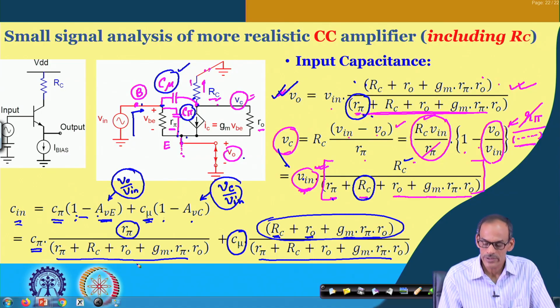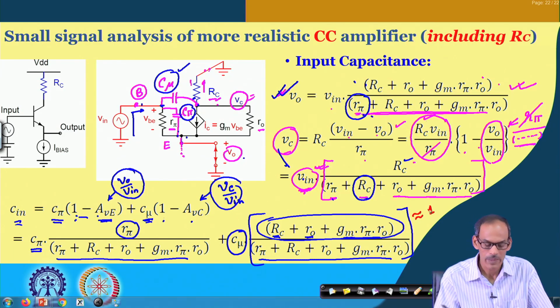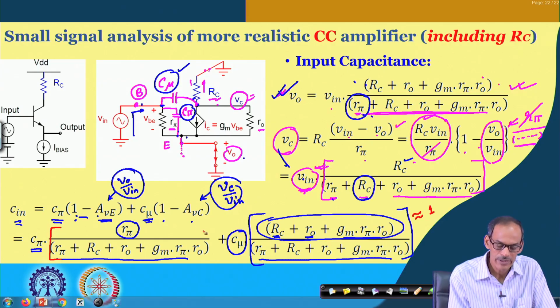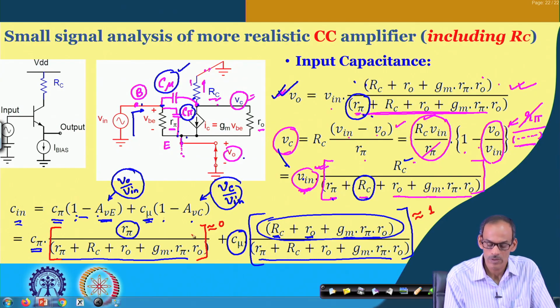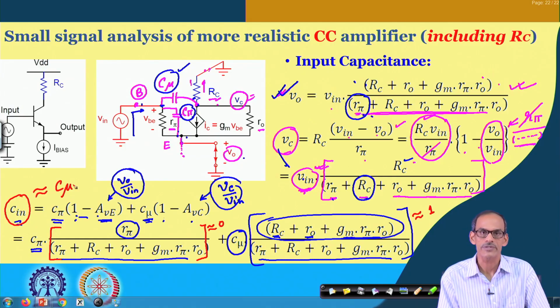So you may say that this factor is approximately 1, whereas this part is very small, approximately 0. So we can say that C in is approximately equal to C mu for all practical purposes.